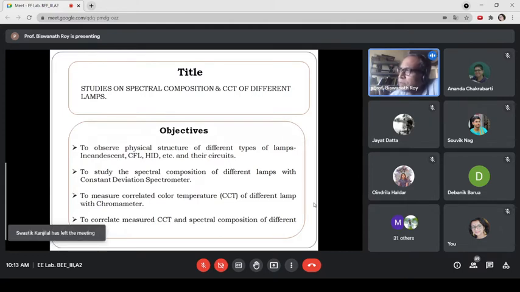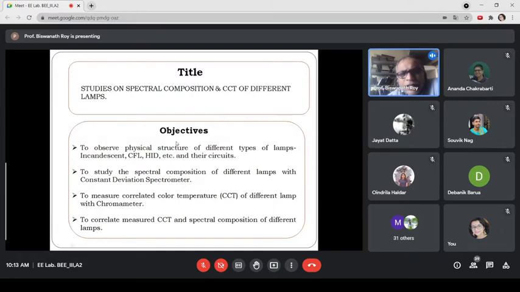They are overlapping actually. So the rainbow is the natural example of the spectrum of daylight. Here we are going to see the spectra of different lamps, right?